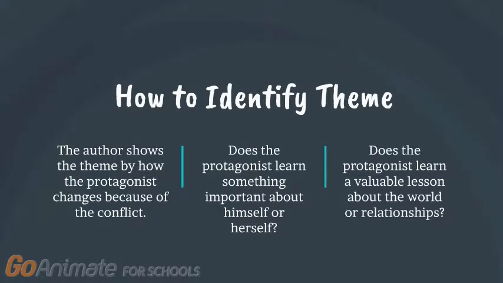The author shows the theme by how the protagonist changes because of the conflict. Does the protagonist learn something important about himself or herself? Does the protagonist learn a valuable lesson about the world or relationships?